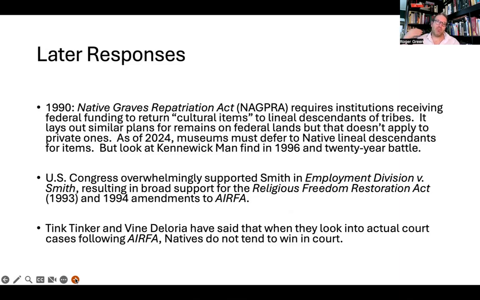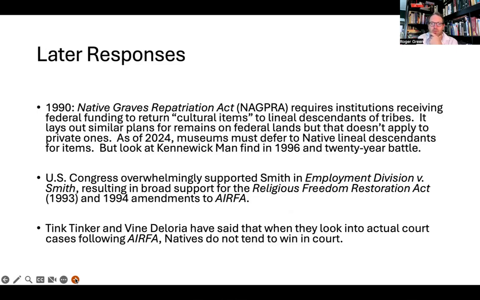So there are later responses in 1990. There's a big uproar against Employment Division versus Smith in U.S. Congress, so it creates this tension between Congress and the Supreme Court. We also see the Native American Graves Protection and Repatriation Act, or NAGPRA, which requires institutions receiving federal funding to return cultural items to lineal descendants of tribes.